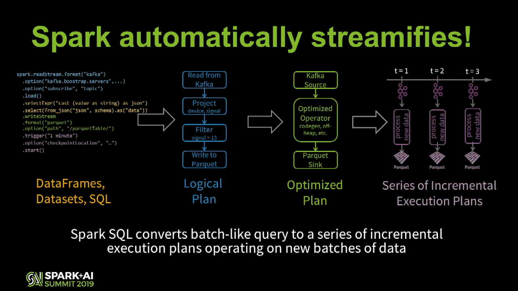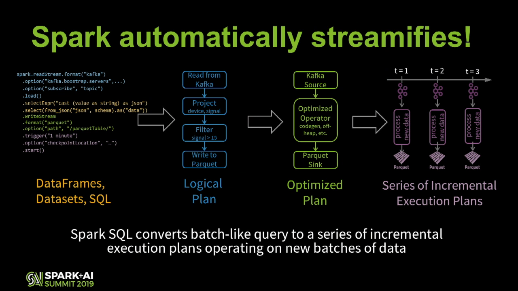And from that, this is where the structured streaming part of the Spark engine comes in. It takes this optimized logical plan and starts producing a sequence of physical plans to execute as new data comes in. So this is where the incrementalization happens.